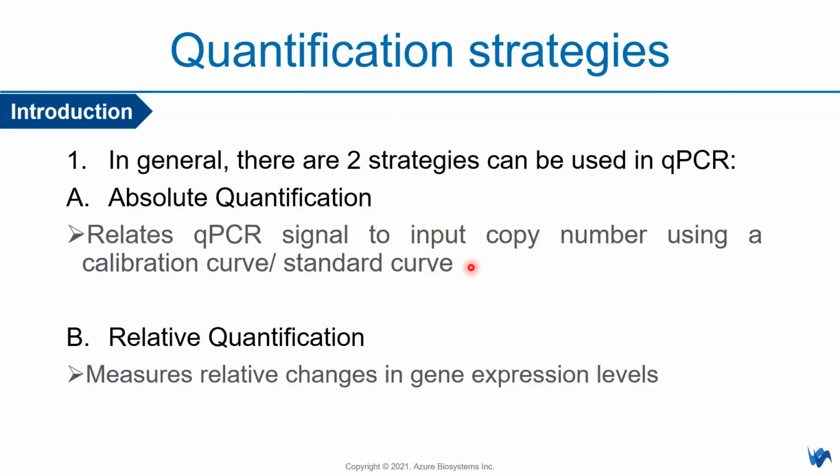So this is pretty much straightforward. You get your data from the standard curve. That's it, nothing else. For relative quantification, by the end of the day, you want to measure the relative changes in gene expression levels. You can use them by the means of the standard curve or without the standard curve.